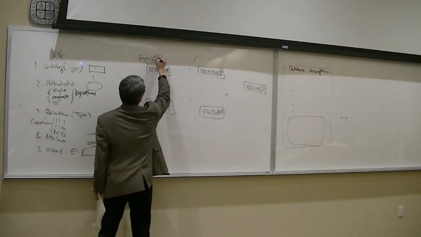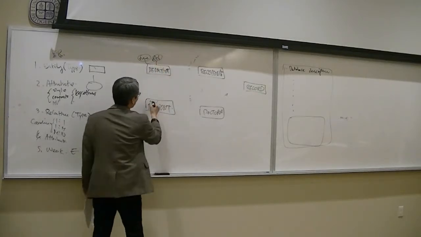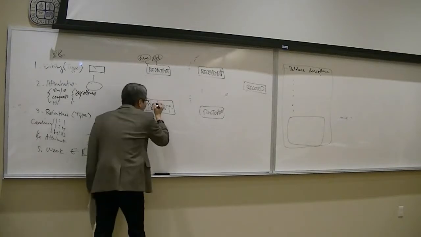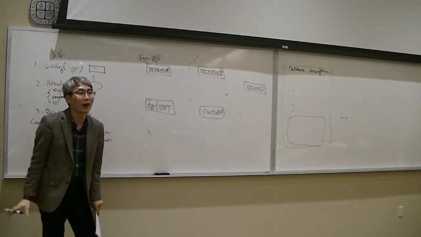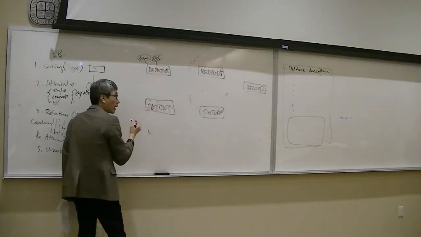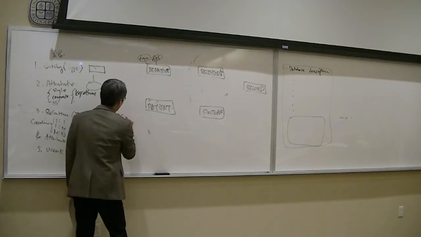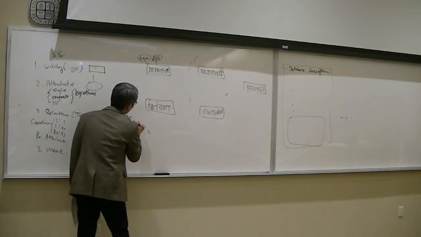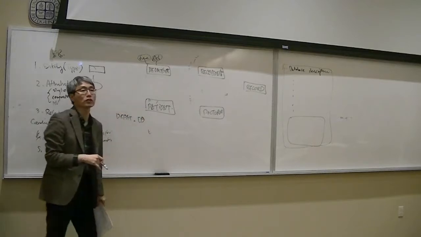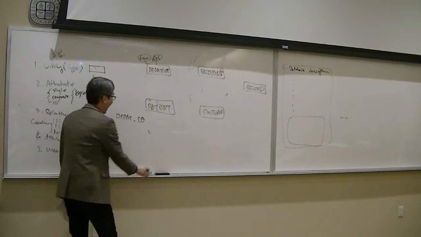Some of the students like to use D underscore ID, P underscore ID, or patient ID, which is totally fine. Even though you are using just ID, later we are going to use the dot notation in the database also, like Department dot ID, to clarify the name of the attribute.